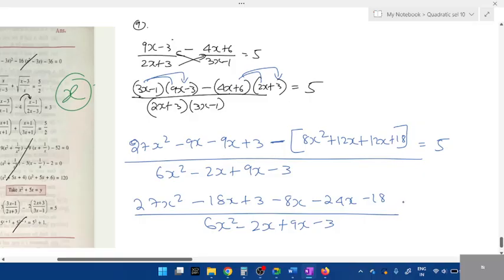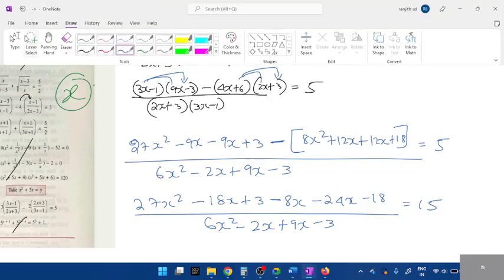Can you all respond? Is this the way you all did, or did you try to do it directly without writing in brackets? Directly without multiplying the minus sign? Okay, fine.